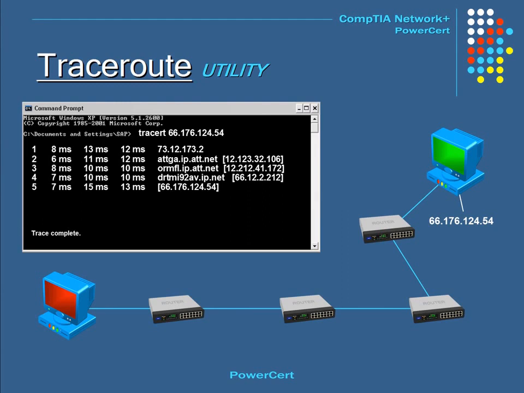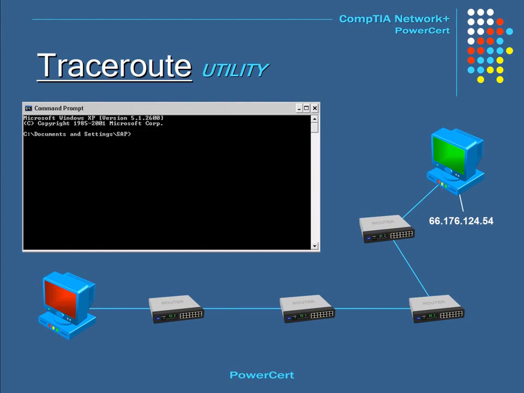So the traceRT utility is a great tool that can be used to pinpoint where a problem lies on a network if a data packet cannot reach the destination. So for example, if we try to ping a destination and the ping command failed, we can use the traceRT utility to find out where the data packet is failing along its path.